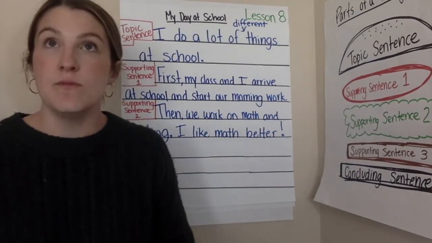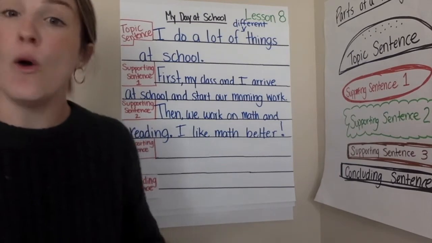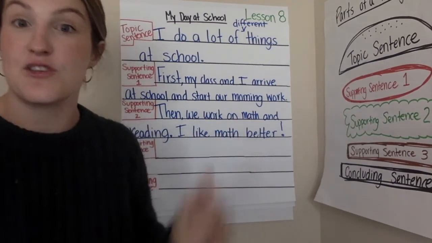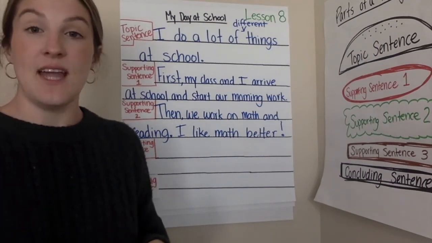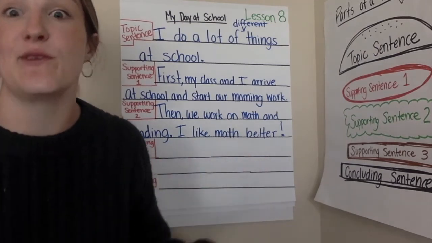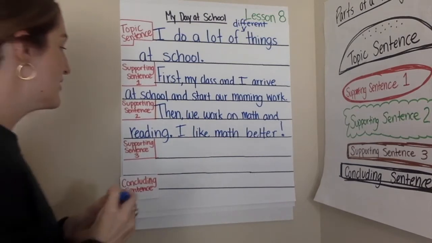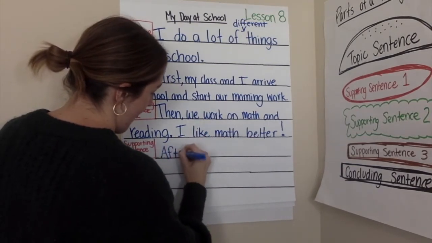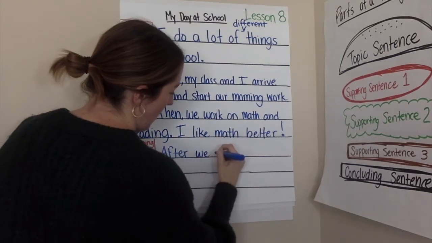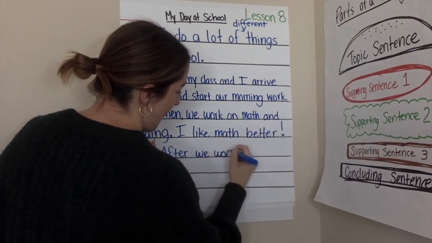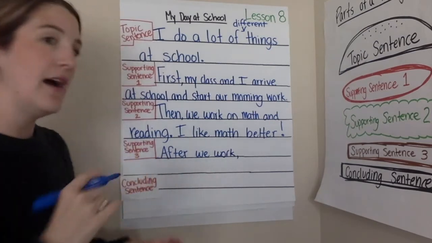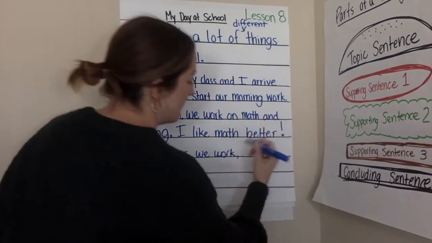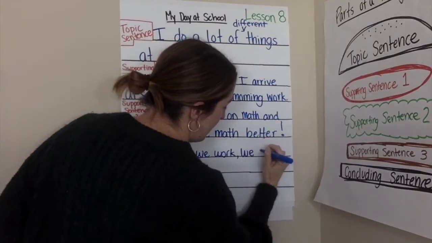So after we do math and reading and our work is done, we always get to play outside, which is really great. Sometimes when I was younger, my teacher even let us outside after our work was done, even if we've already had recess. That was really fun. So after we work, we play outside on the playground.